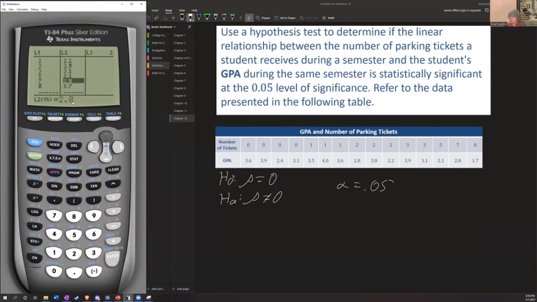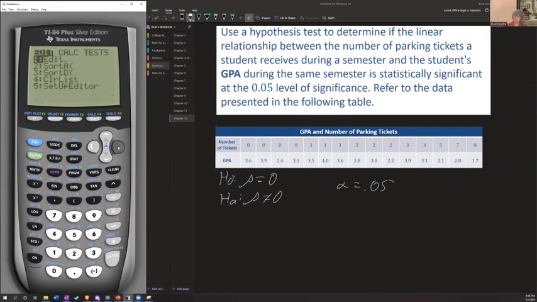And let's just make sure we've entered all these correctly. All right, everything looks good here.